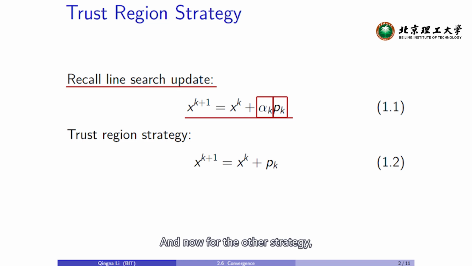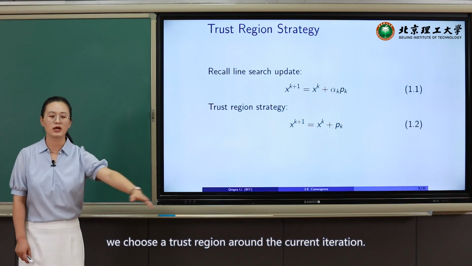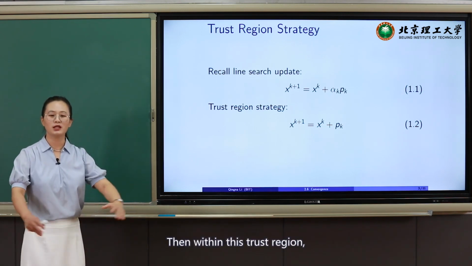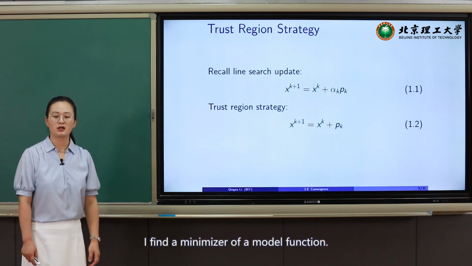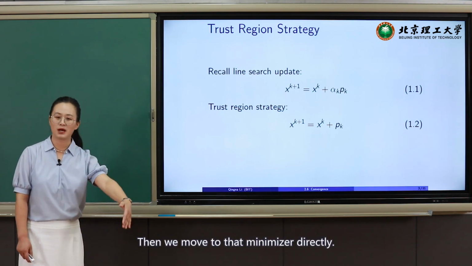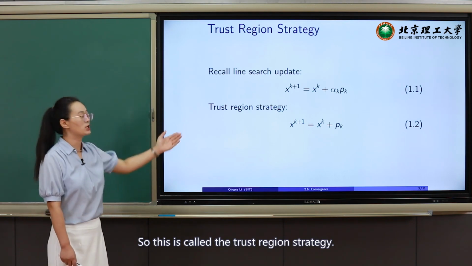For the other strategy, the trust region strategy, it moves like this. Firstly, we choose a trust region around the current iteration. Then within this trust region, we find a minimizer of a model function. Then we move to that minimizer directly. So this is called the trust region strategy.